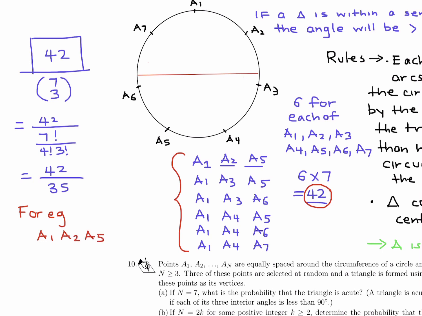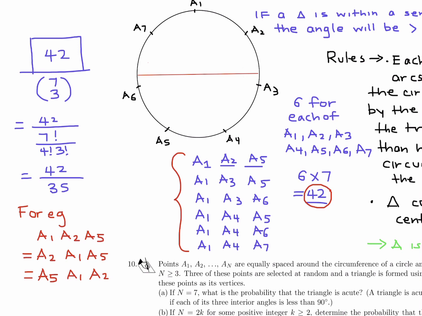But if you were to make A2 as the first vertex and go through the exact same system, one of the triangles you're going to get is A2, A1, A5. And that's the exact same triangle. And very similarly, if you use A5 as your first vertex and go through that system, you're going to get A5, A1, A2. And that's also the same. So these three are the same.